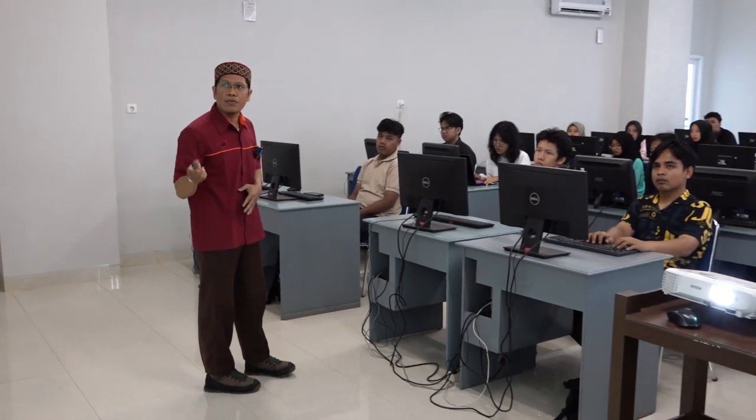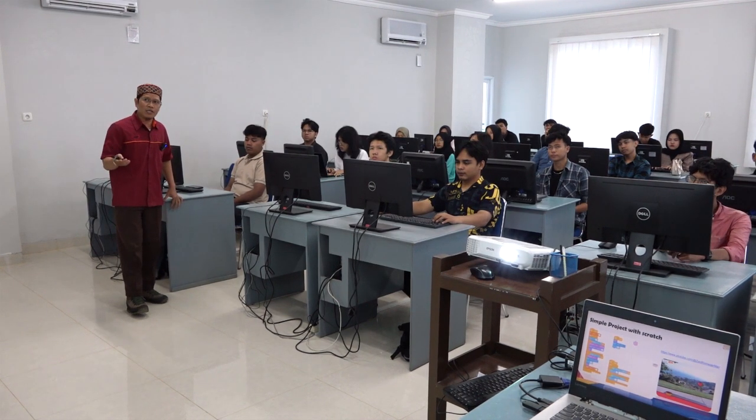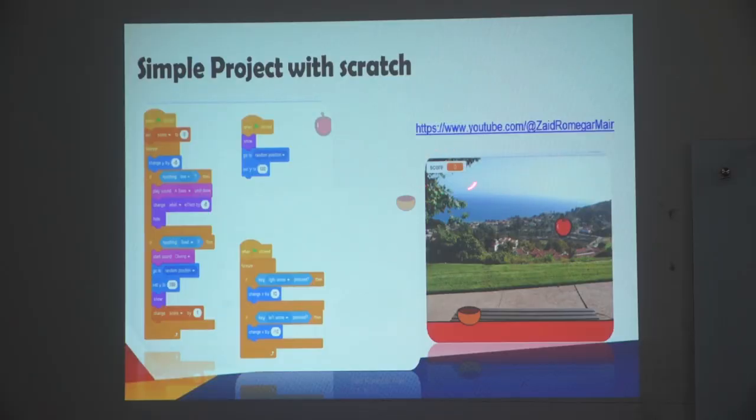So we start with a simple project with a simulation on a platform. There are many platforms we can use for branching structure or others. And here I take two conditions. I designed a background, with an apple and a ball as the sprites, and I declare a variable, score.